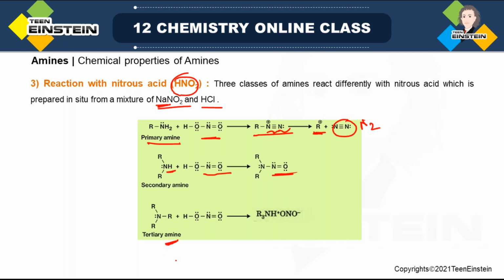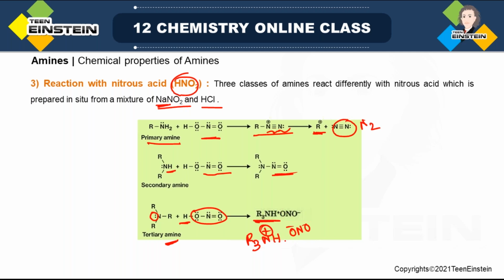If it is tertiary amine, there is actually no reaction, but still if you consider as if this lone pair is capturing this H, because that is an acidic hydrogen, then it will form R3NH plus. This plus charge is basically over nitrogen like this, and this positive charge can be balanced by the rest of the part, which is the anionic part.